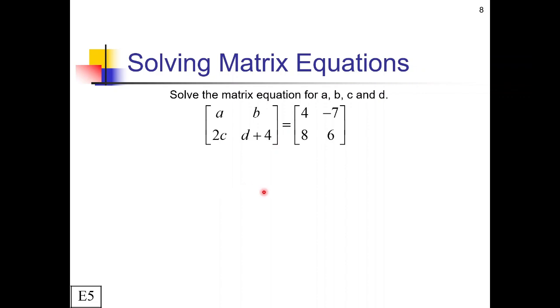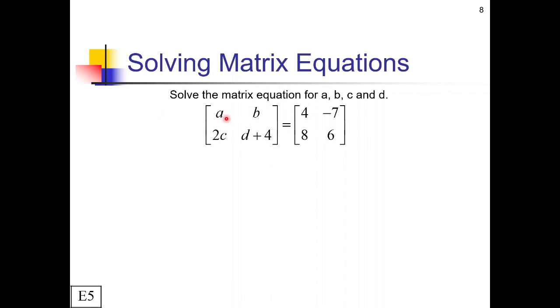For the next couple problems, we're going to be solving matrix equations for these missing letters, A, B, C, and D, that are kind of scattered throughout here. So the basic idea is that for matrices to be equal, remember we said they have to have the same dimensions, which these do, otherwise this problem would have no solution. They have to be the same dimensions, and we have to have the same numbers in the same positions.